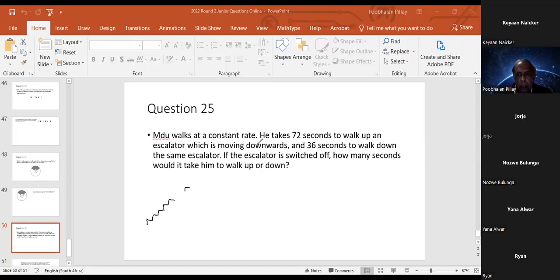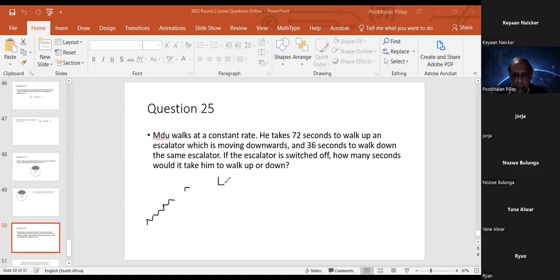Now, when he walks up the escalator, we're not concerned with how many miles per hour or how many kilometers per hour you take. Your measurement is how many steps he takes. And it's in seconds. So his speed you measure in steps per second. So we don't know what his speed is.